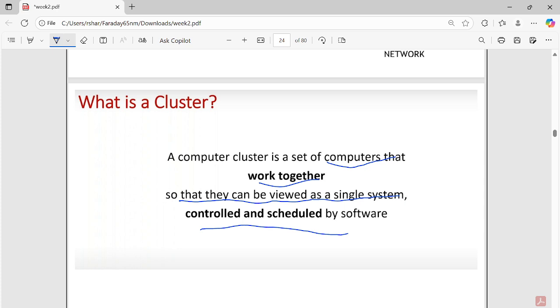So we consider the whole cluster as one big single system and run the job across so many nodes. Or can we solve the other problem also, scale out? Here we are required to work on both control and scheduling by software.